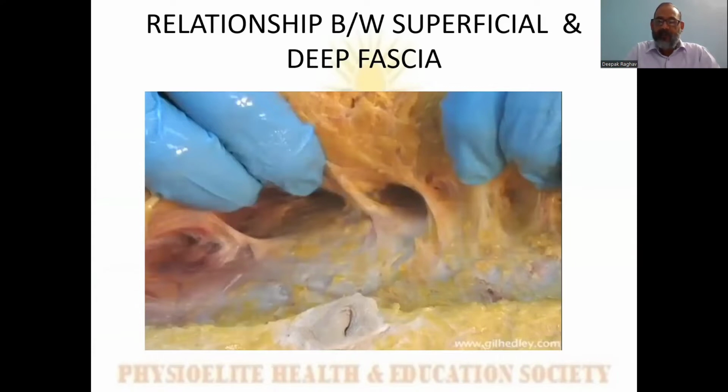It is not that the layers are not connected, and if we remove the layer, it does not come out easily. The superficial fascia invades the deep fascia by connective tissue. These are thick collagen fiber strands which invade the deep fascia.